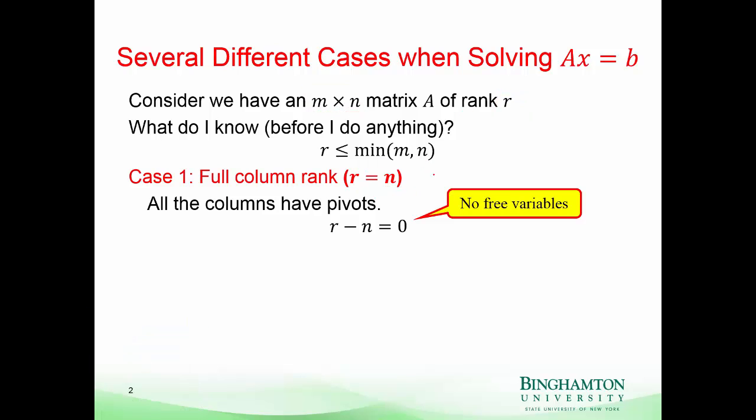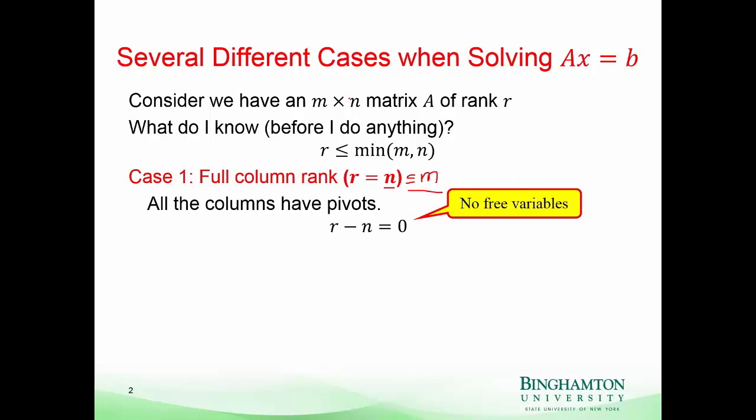We know that n must be less than or equal to m, right? So if the rank r can be no bigger than the smallest of m and n, and we know that the rank is equal to n, we know that the rank must be less than or equal to m, and therefore n in this case must be less than or equal to m.